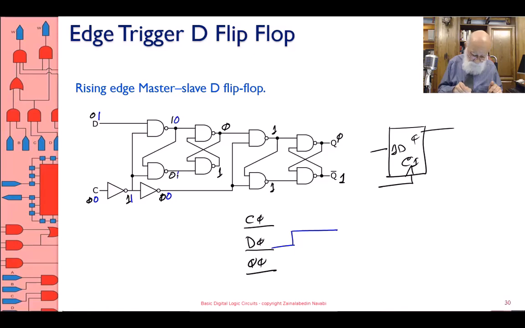I have a 0 here, this becomes 1. I have a 0 on the top, so this becomes 1. And I have a 1 on the lower NAND, the 1 there. I have a 0 here. And so what I have is a 1 on top. See, a 1 here, a 0 here.